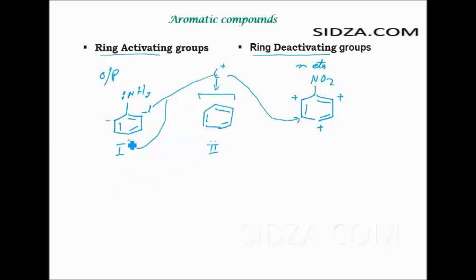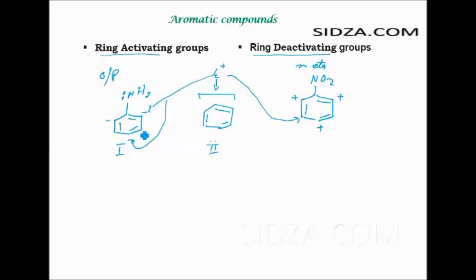Electrophilic attack on the aniline in the first case will be faster than on benzene, because benzene is a neutral molecule. Over here it has a negative charge, the electrophile is positive and electron deficient, so its attack on the first ring obviously will be faster compared with benzene.